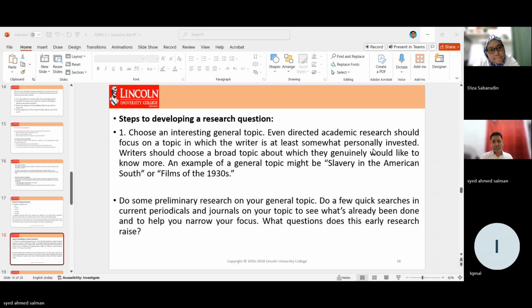So the first thing is the interesting topic. The second thing is you have to do some preliminary research on your topic. Whenever we are developing the problem statement, we read a lot of research papers, then only will we be able to develop the problem statement. Am I right? Yes, true.